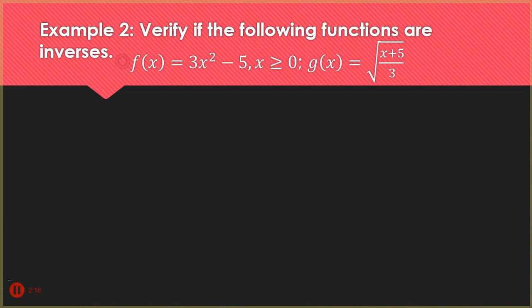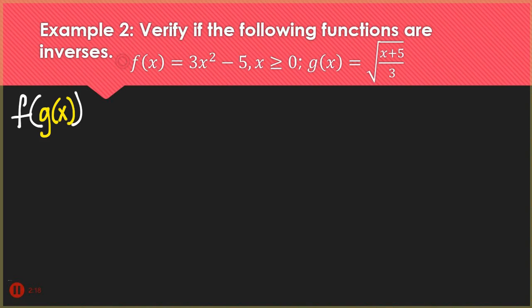So let's look at this first example. We're going to verify if the following functions are inverses. In order to do that, I am going to take my g function and compose it into f.